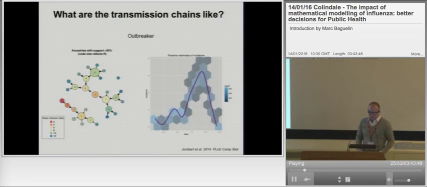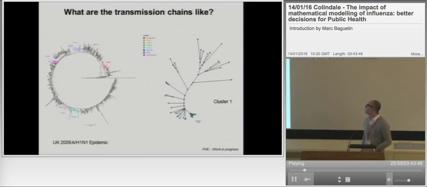So as I said, this is something we're exploring here, and I wouldn't even call this a result now, at least preliminary results, where we're reanalyzing the data from 2009, again seemingly the most studied epidemic ever.